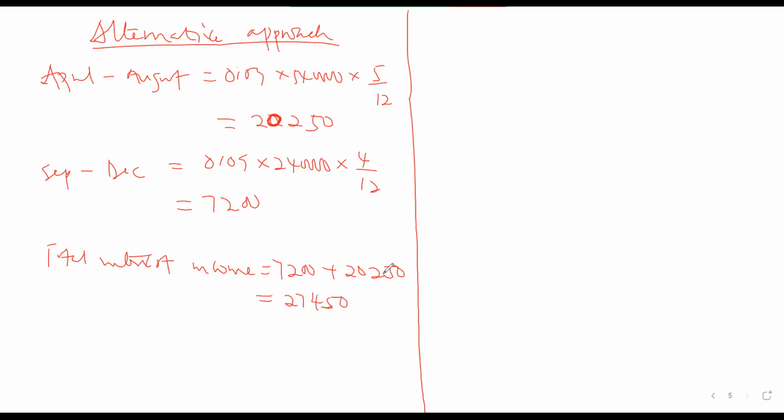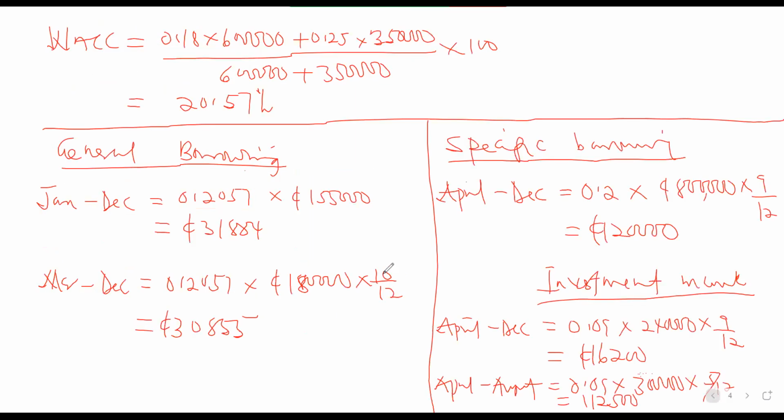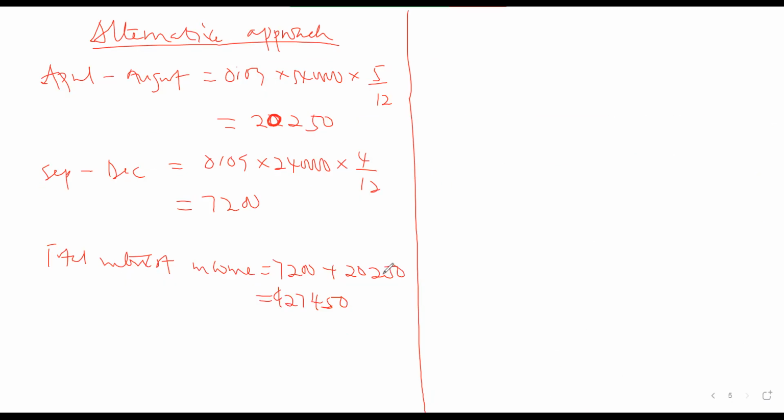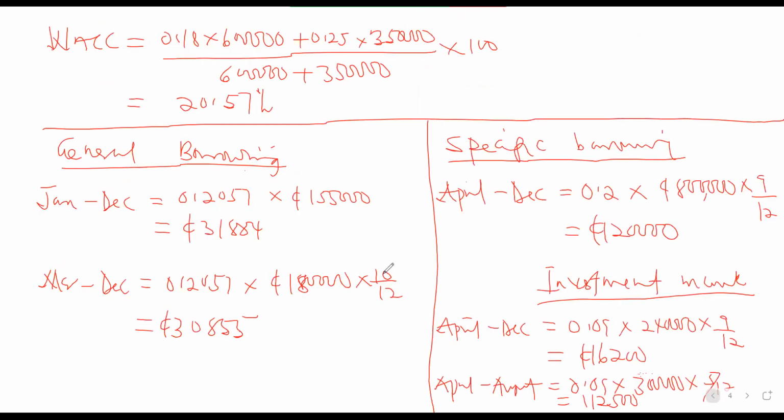Okay. So let's now come to the total borrowing cost for this particular year, 2014. What will be the total borrowing cost for 2014? It will be the general borrowing. Let's look at the general borrowing. What is the total value of the general borrowing? It will be this amount plus this amount.